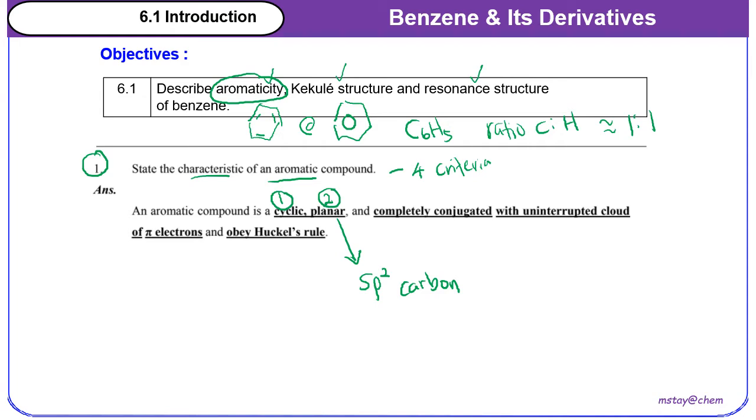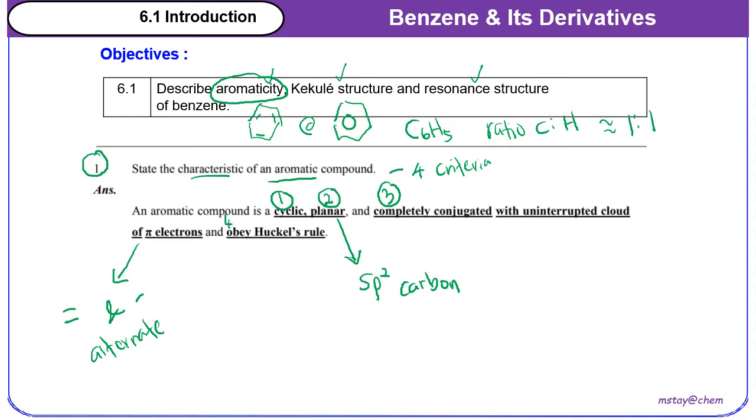Then the third criterion is completely conjugated with an uninterrupted cloud of pi electrons. To put it simply, there are double and single bonds alternating with each other.